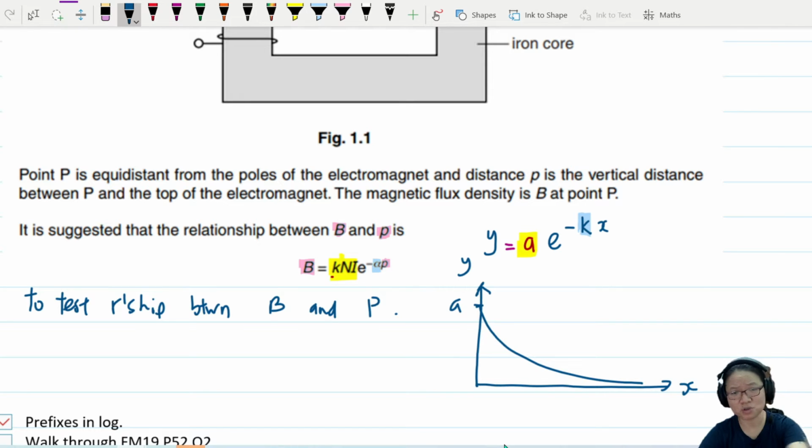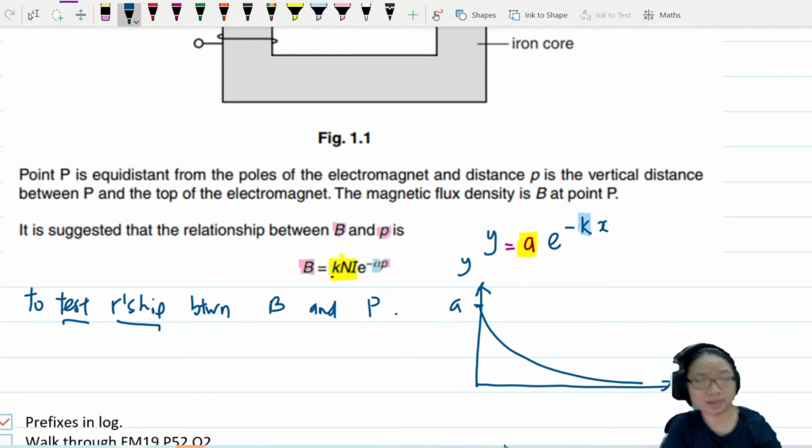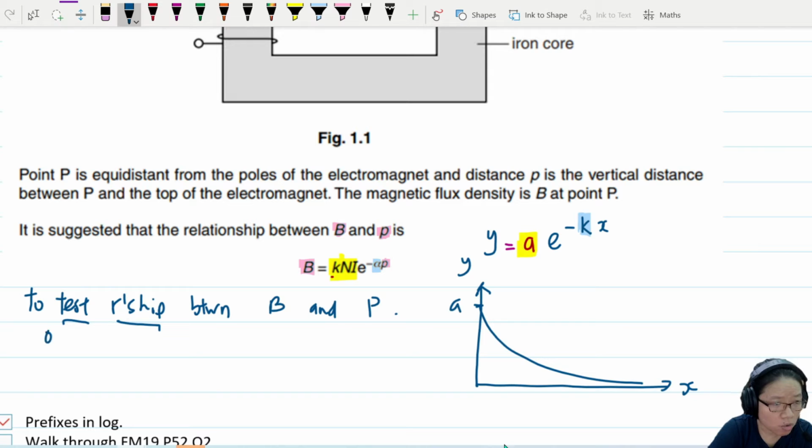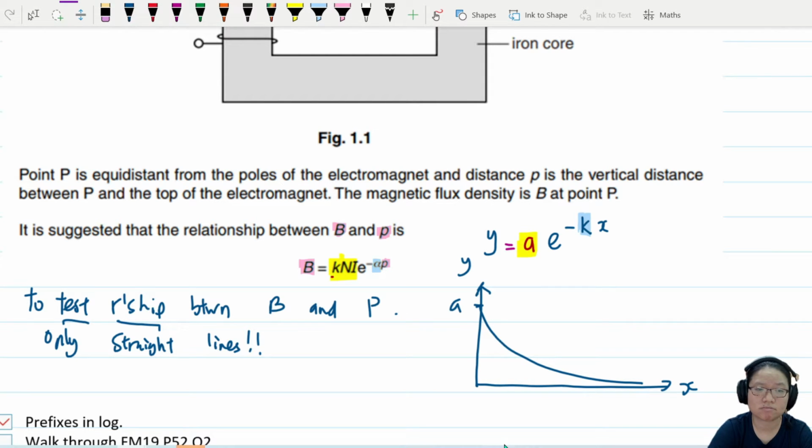If the graph is not straight, how can I test the relationship? It is very hard to test a relationship with a curved graph. So in physics, we only want straight lines. Only straight lines can prove the relationship between B and P. So obviously I can't plot y against x, neither can I plot B against P. I don't have a straight line.